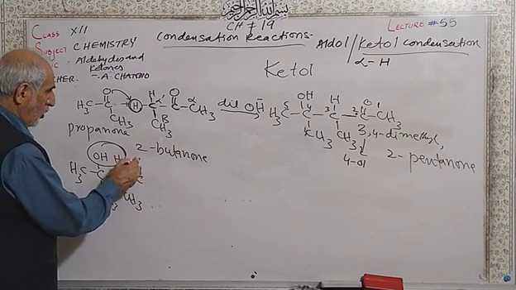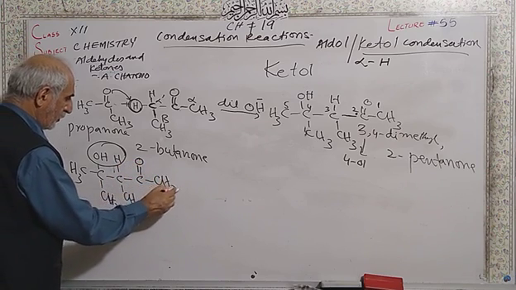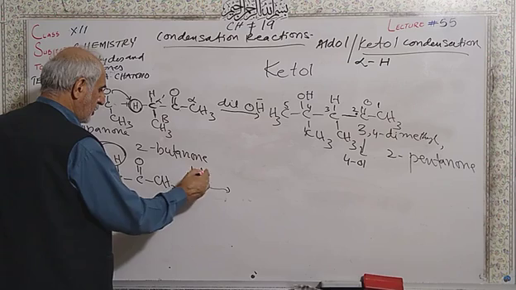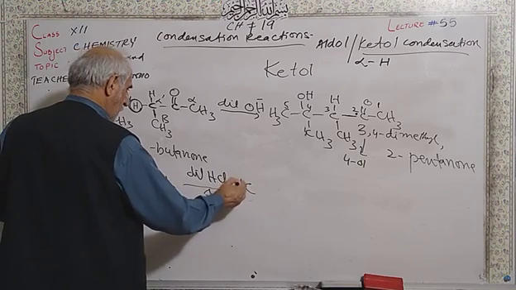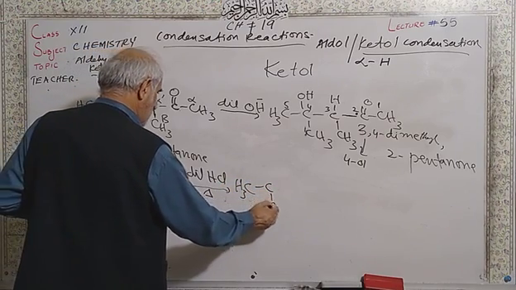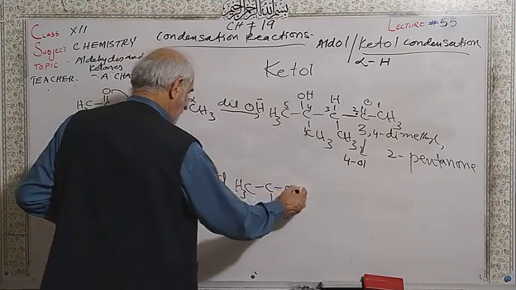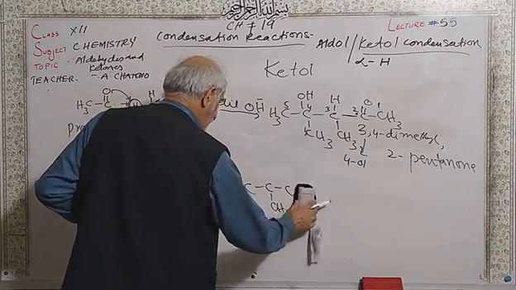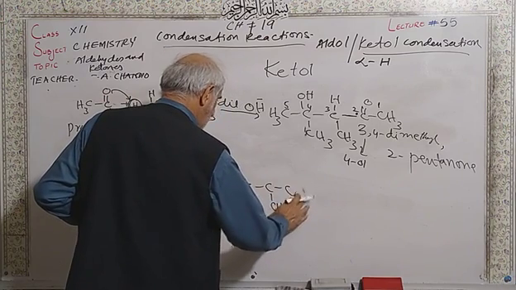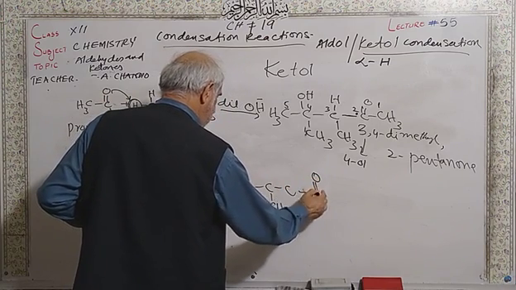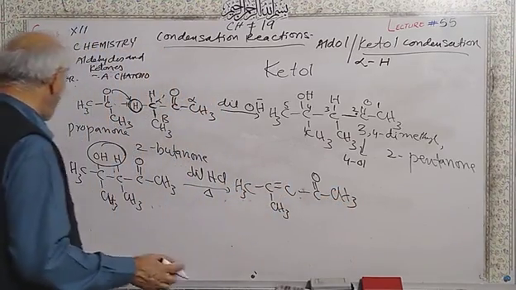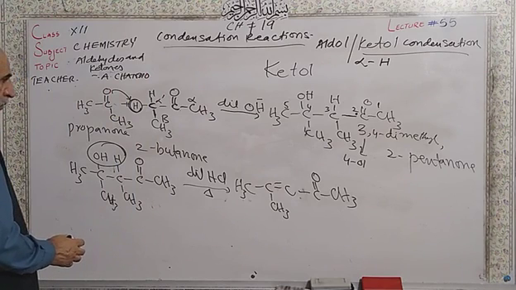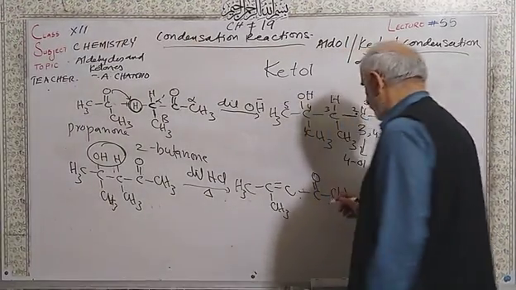Condensation, functional group, dilute HCl, heat, CH3. The double bond is here. So this is the alkene.